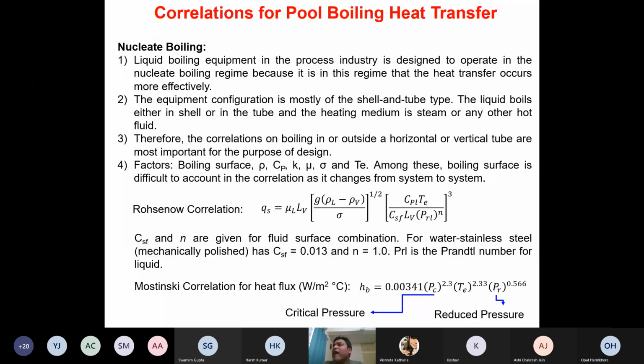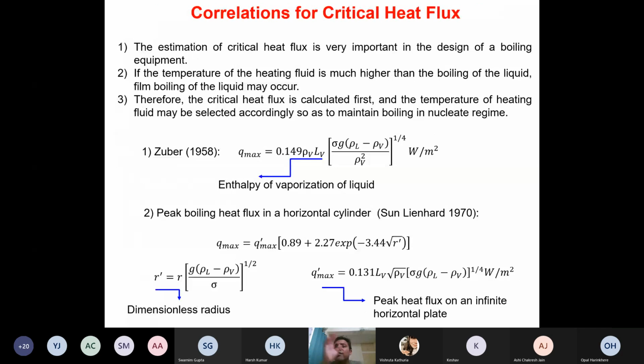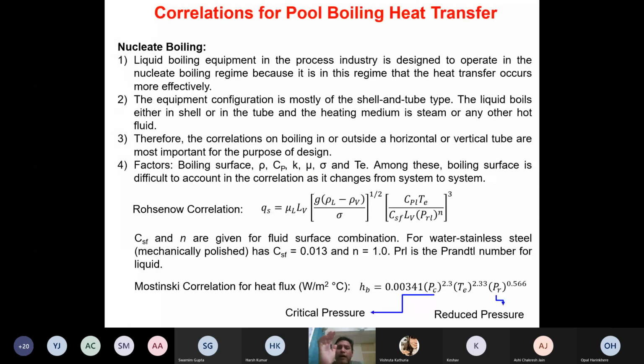So now again we have to find out the correlations for the critical heat flux. In the previous slide we looked at the correlations for the pool boiling and the nucleate boiling heat transfer coefficient. Then the question comes to our mind, why is the critical flux also required to be estimated?